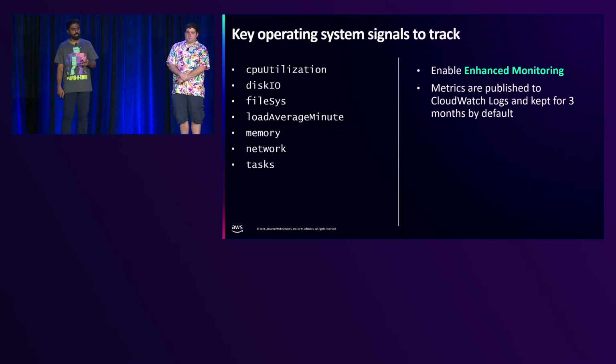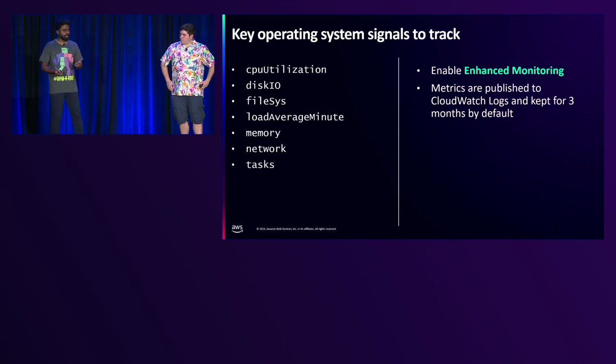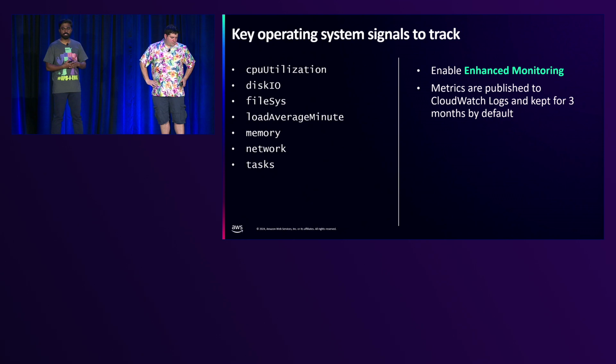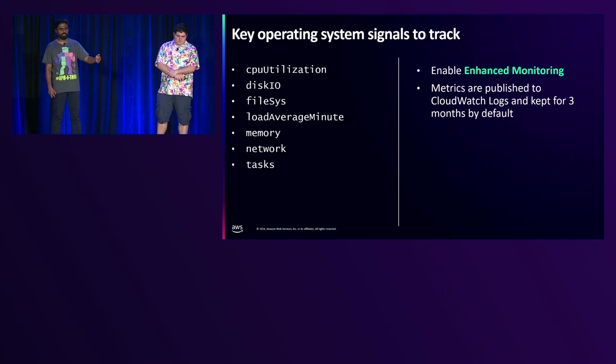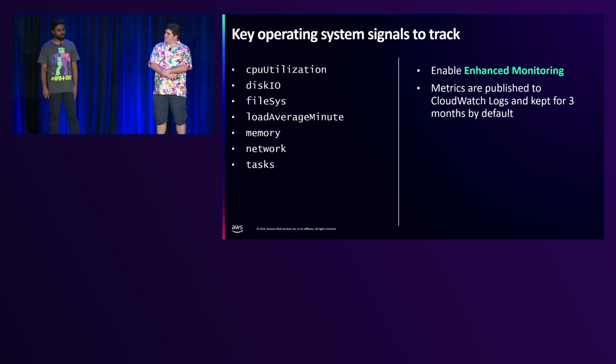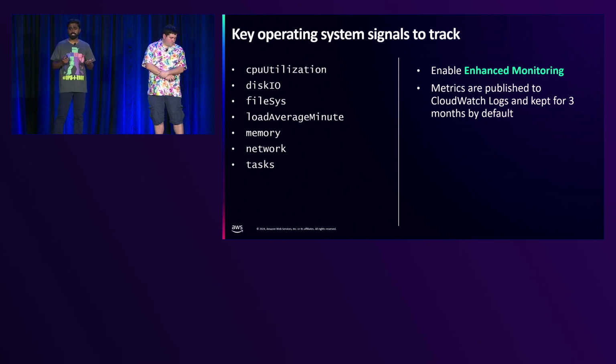When you enable enhanced monitoring, you essentially get a lot of signals from the underlying environment where the database engine itself is hosted. We're talking about Aurora and RDS here, just to be clear. No surprises here: CPU utilization, file system, memory, network, and all that stuff that you typically expect. And these are all published into CloudWatch Logs automatically and kept for 3 months, which you can extend if you want to.